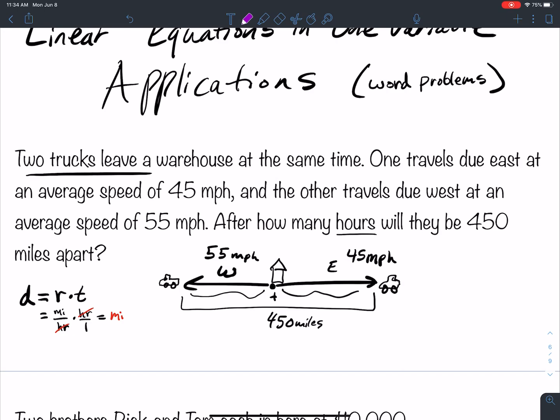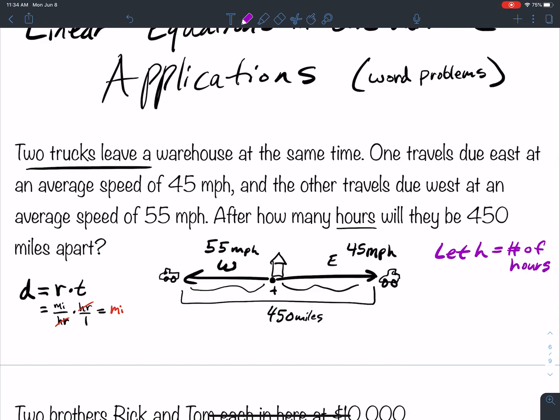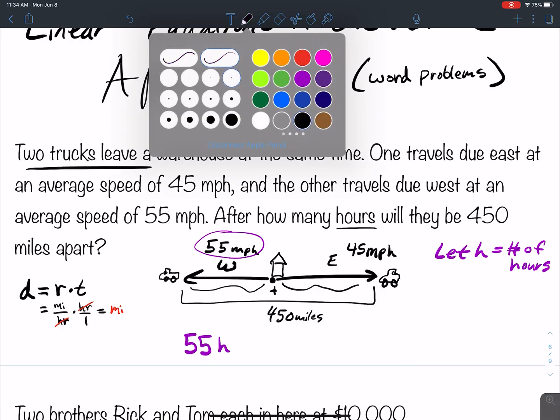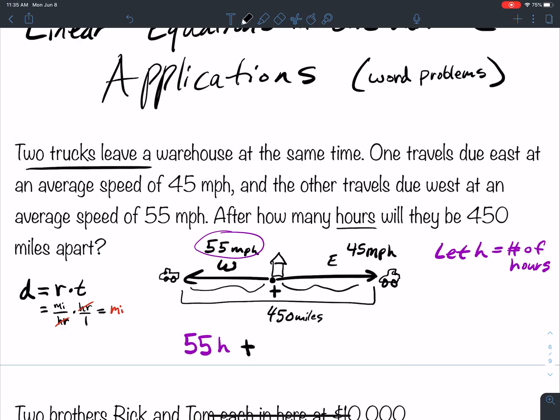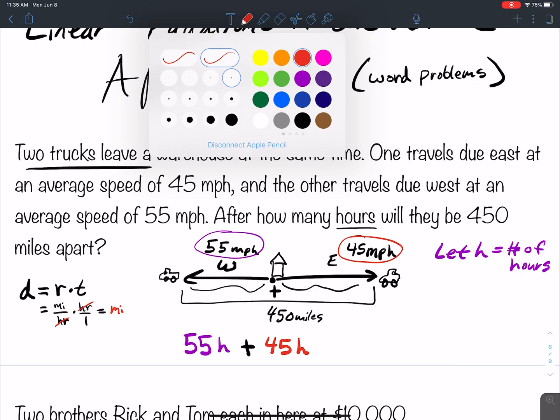So let's let h equal the number of hours. Then how far will I travel? 55 miles per hour, so that's 55h, plus, since we're adding the two distances together, 45 miles per hour, 45h.